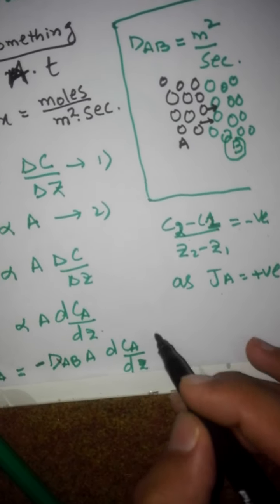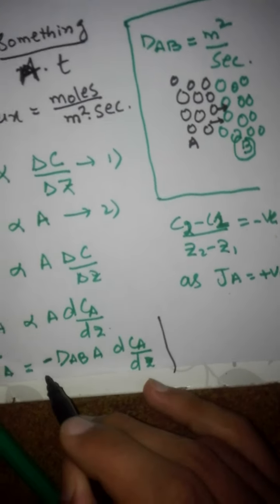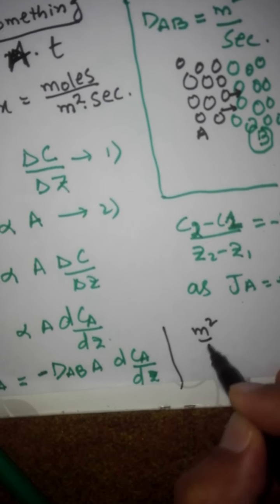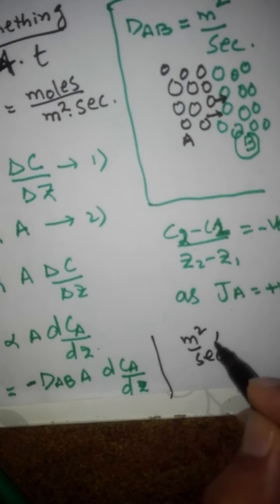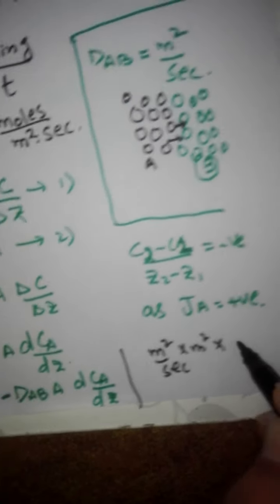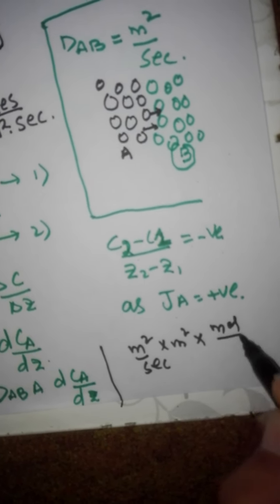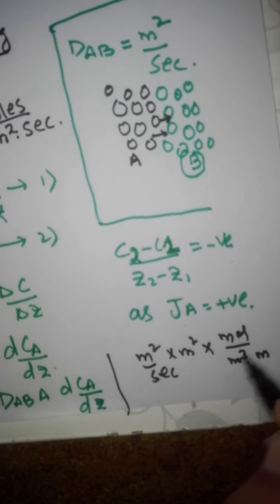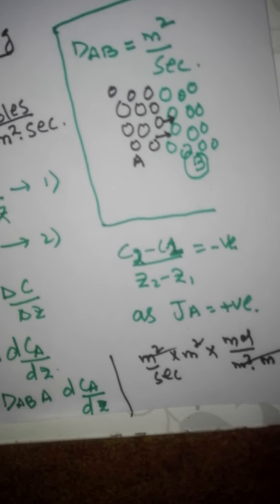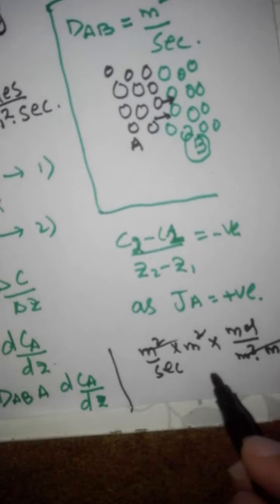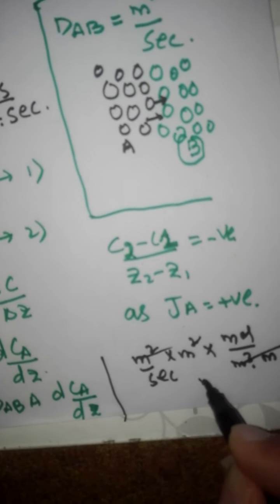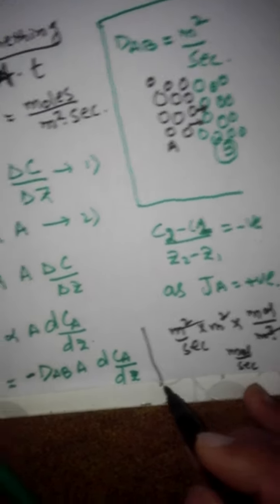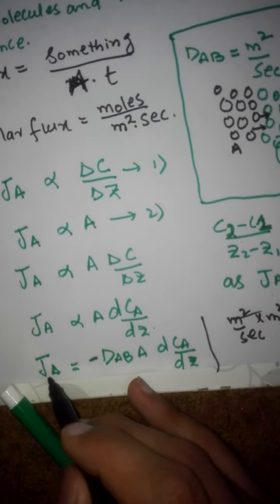Similarly, if someone is interested in finding the units, the unit of DAB is meter square per second. Area is meter square, and the concentration gradient is mole per meter cube into length. So these cancel with this term, and we will get mole per second, the molar flow rate, denoted by JA.